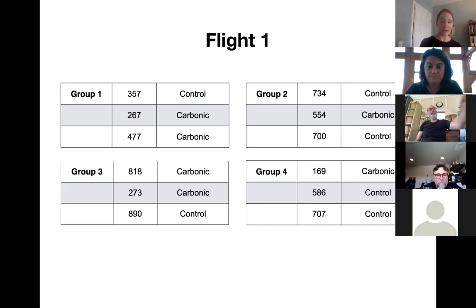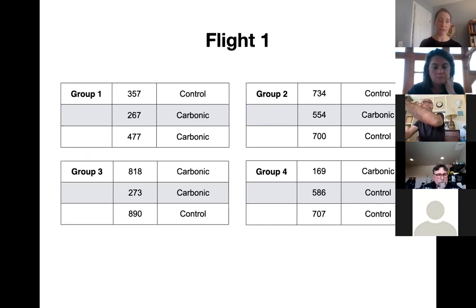If you are in group 1, wine 257 was control, and wines 267 and 477 were carbonic. If you're in group 2, wine 734 was control, wine 554 was carbonic, and wine 700 was control.